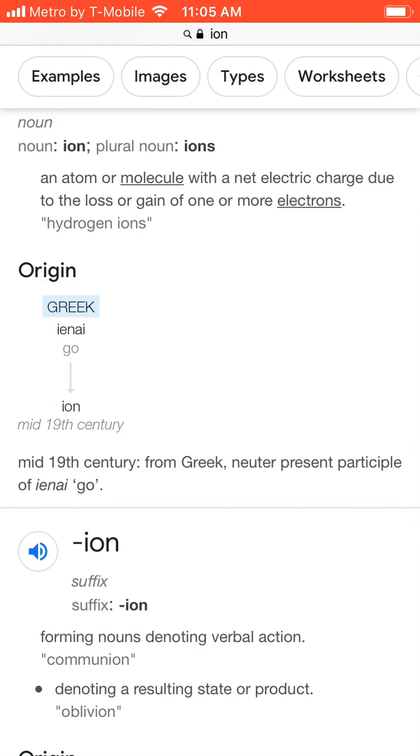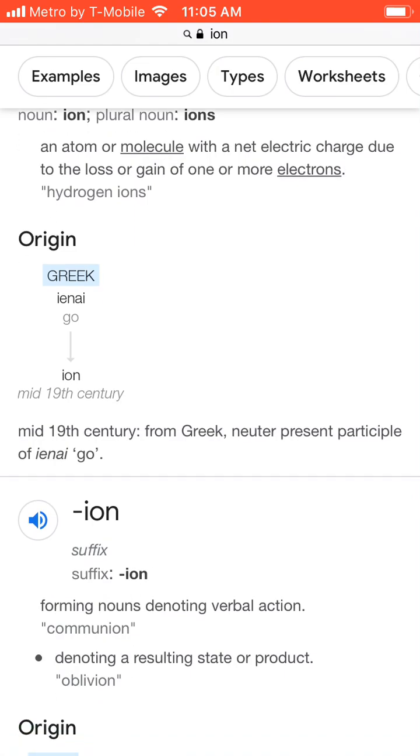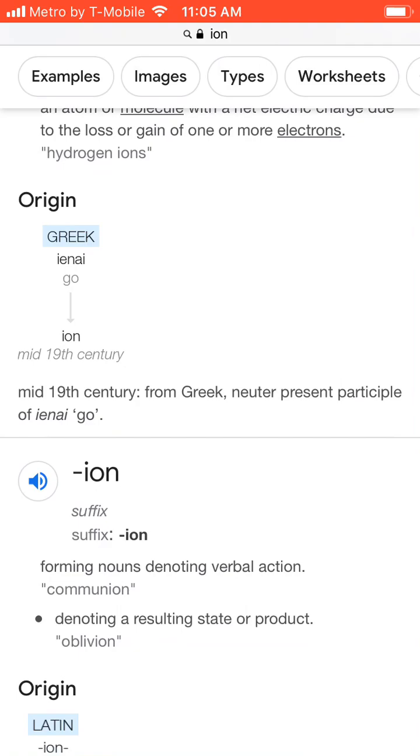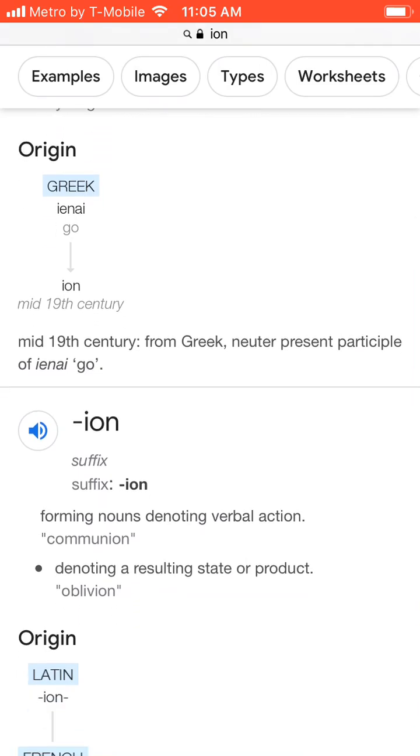So anyway, the Greek neuter present participle of go. Okay, so forming nouns denoting verbal action. So when it talks about denoting, it's talking about denoting a new energy, because that's what delta means, right?